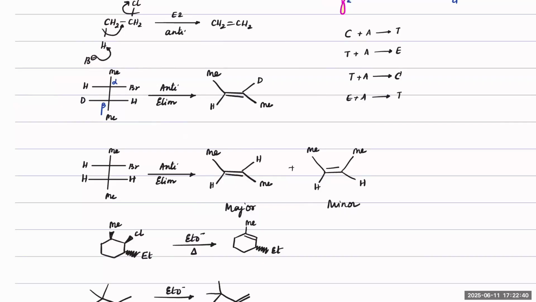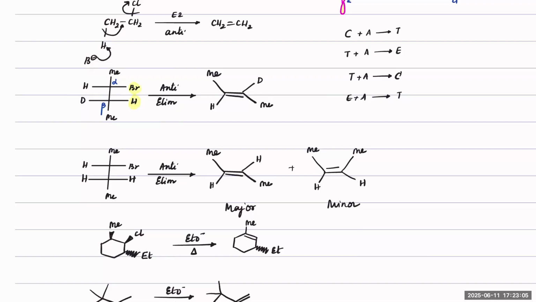And which bond is weaker? The hydrogen bond is weaker, deuterium is stronger. So if a base comes, it will try to extract hydrogen first, more than deuterium. And simultaneously, Br minus will leave. Okay. So if I have to perform elimination here, I have to remove Br here and H here. And how are they both aligned better? Both of them are on the same side.